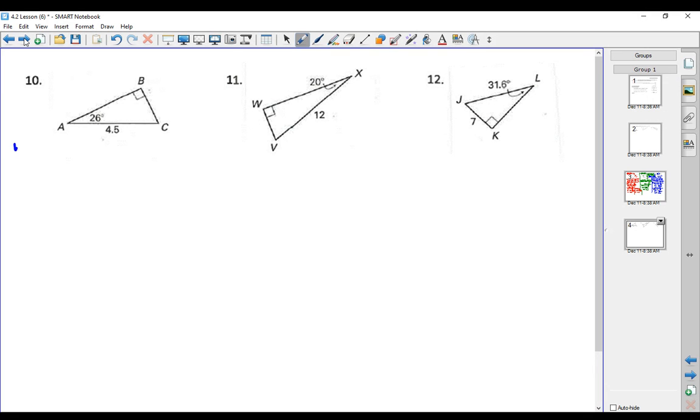So we've got the measure of angle A, the measure of angle B, and the measure of angle C. And we have side AB, side BC, and side CA. If we write in our measurements, we know that angle A is 26 degrees, angle B is 90 degrees, and side CA is 4.5.